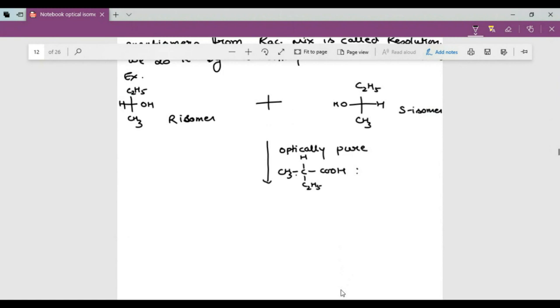This is 2-methyl butanoic acid, and assume that I have taken its R isomer. Acid plus alcohol will form an ester. In the reaction, the OH of the acid and the H of the alcohol will be gone. There will be no effect on these chiral centers. They will remain intact.